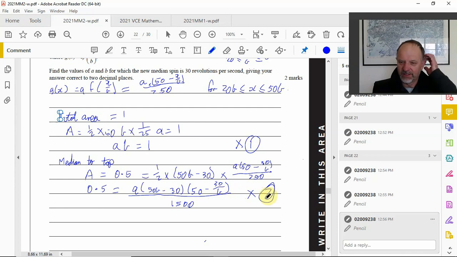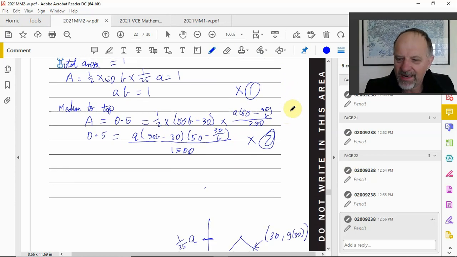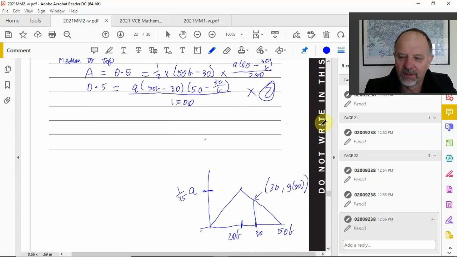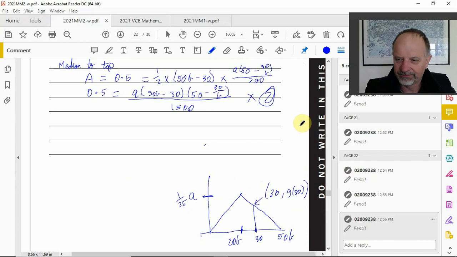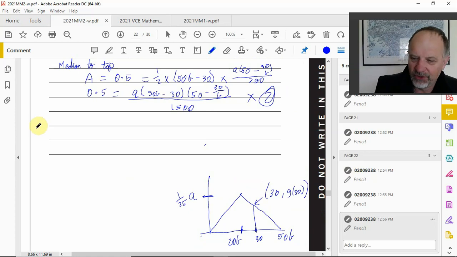2 equations, and we can solve those 2 equations simultaneously using a calculator. When you do that, you actually get 2 answers. You get one answer which says that a is 2.560 and b is equal to 0.388.